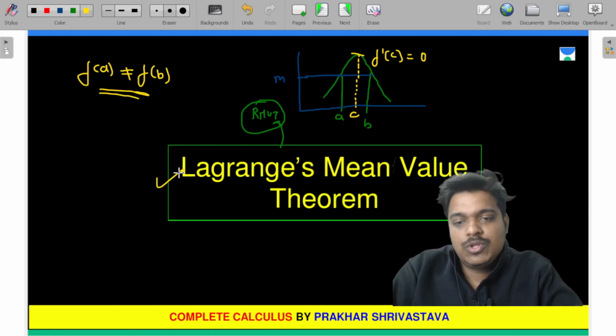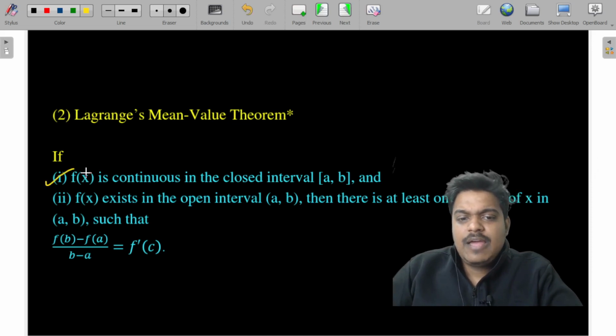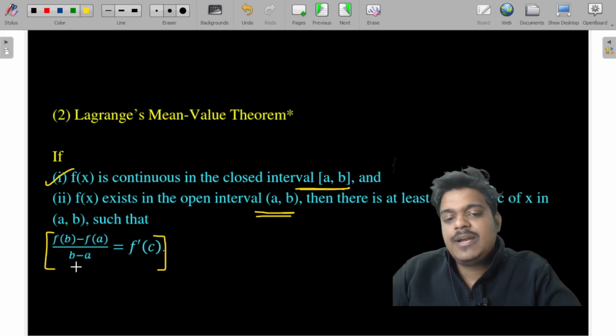Lagrange's mean value theorem states that if f of x is continuous in the closed interval a to b and differentiable in the open interval a to b, then there exists a value c in a and b such that f dash c is not equal to 0 in this case. It is f of b minus f of a divided by b minus a.